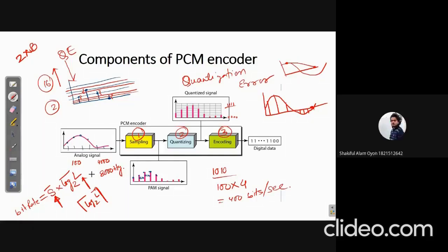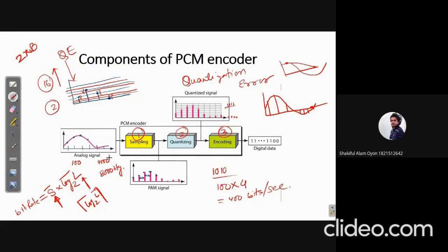Yes, sir. Sir, could you say it once more? Okay. Say the original signal we are converting into digital. The highest frequency of the original signal is 4000 hertz. In a composite signal there is a minimum frequency and a maximum frequency.